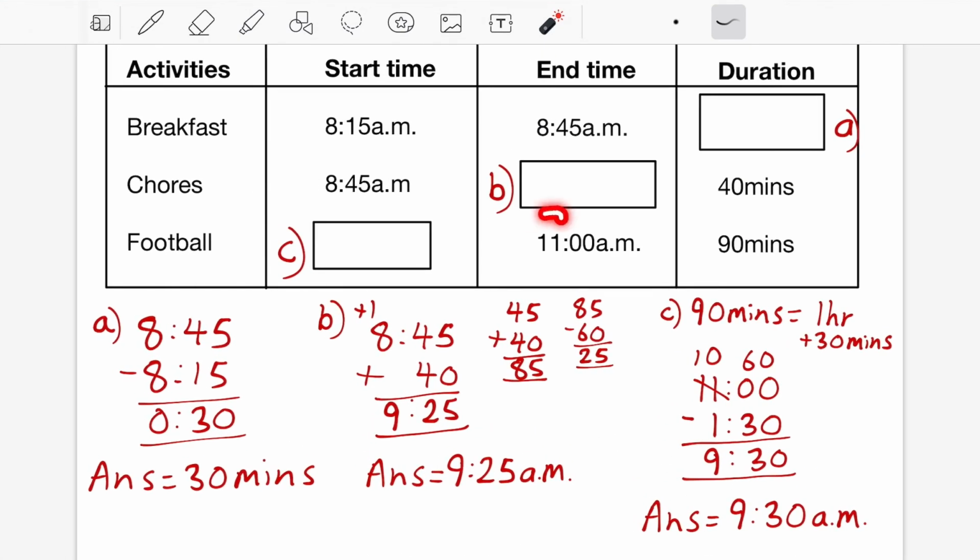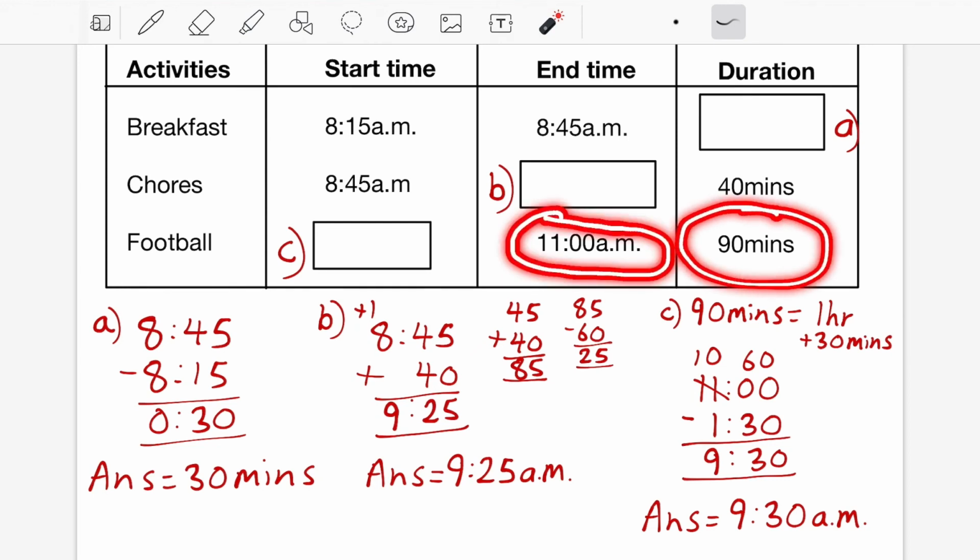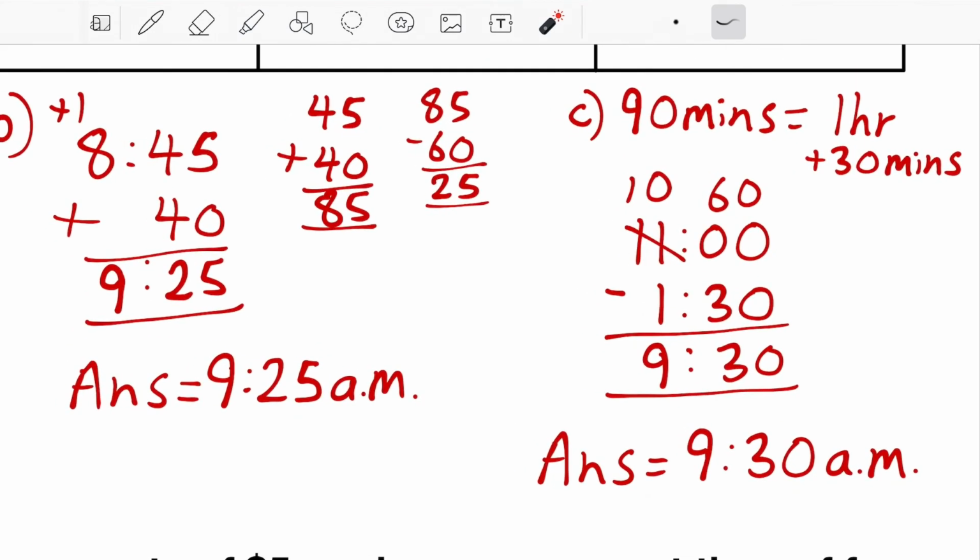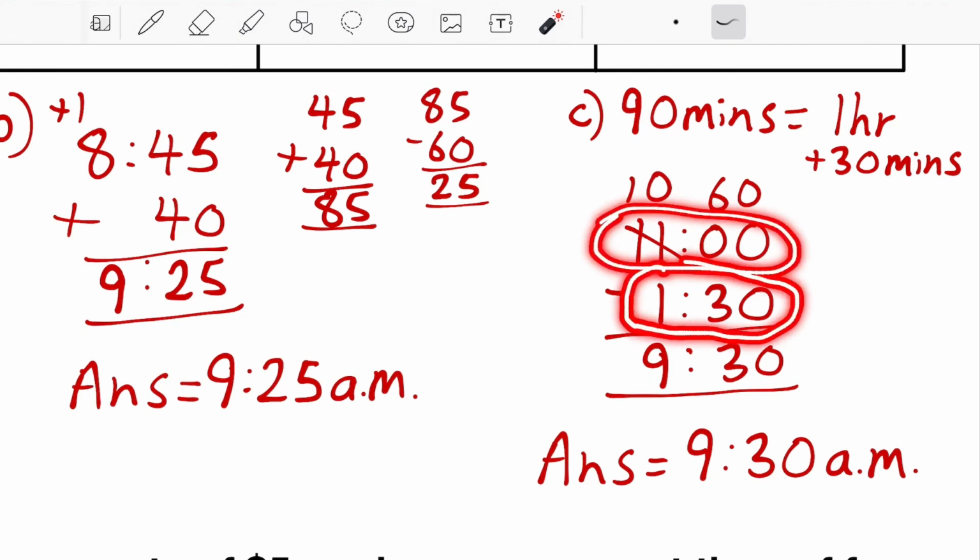And the end time for football is 11 a.m., which lasted for 90 minutes. So we say end time take away duration. 90 minutes is an hour and a half, and we will get the start time.